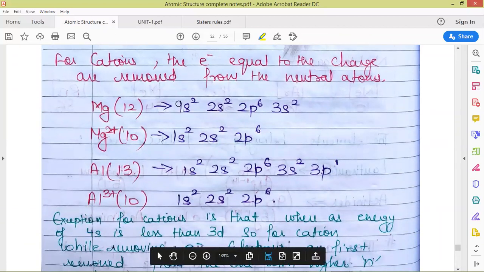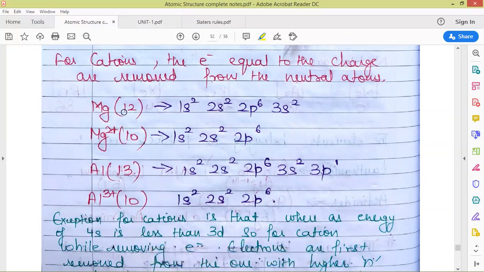Now for cations, the electrons equal to the charge are removed from the neutral atoms. Let us see with an example. Here this is magnesium. It has 12 electrons, that means neon and 3s2. So it will lose 2 electrons and become magnesium 2 positive. After losing 2 electrons, the electrons left behind are 10, so the electronic configuration will be similar to that of neon, that is 1s2, 2s2, 2p6, and it will lose the 2 electrons present in the 3s subshell.